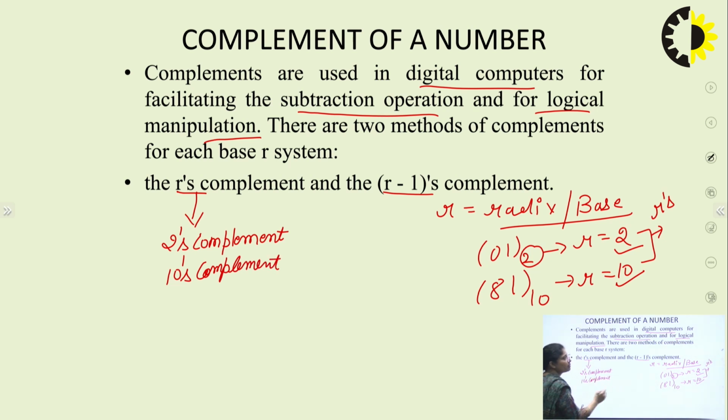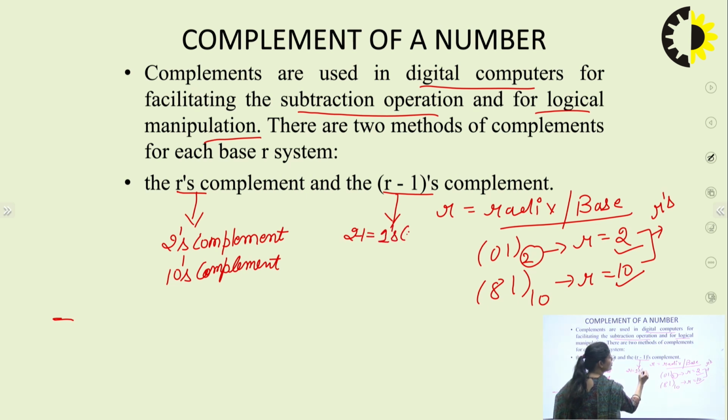But what about the r-1 complement? When we subtract 1 from the base, 2 is the base here, 2 minus 1 is equal to 1, so we will get the 1's complement. Similarly, 10 minus 1 is equal to 9, so we will get the 9's complement.